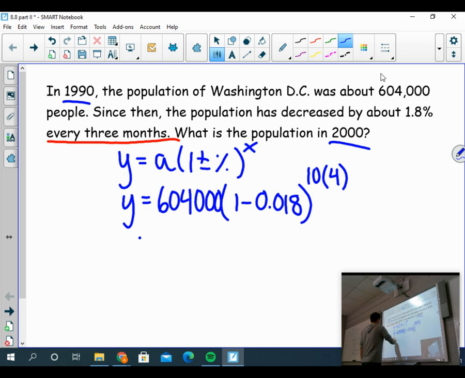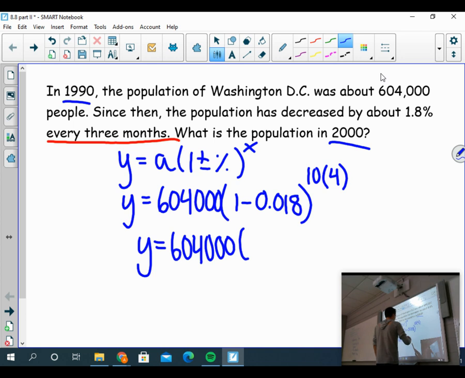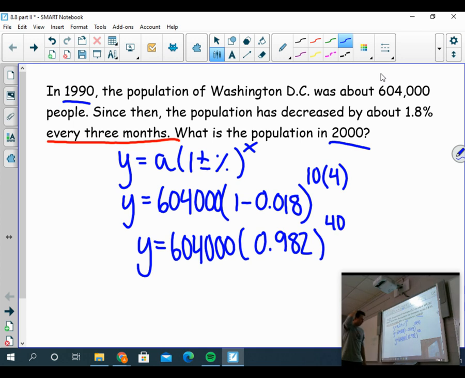So our exponent will not be 10, but rather it will be 40, since we are going to decrease by 1.8%, or in other words, we are going to retain only 98.2% of our population. And that happens every 3 months. And in that 10-year period, that means you are going to decrease by 1.8% 40 times.